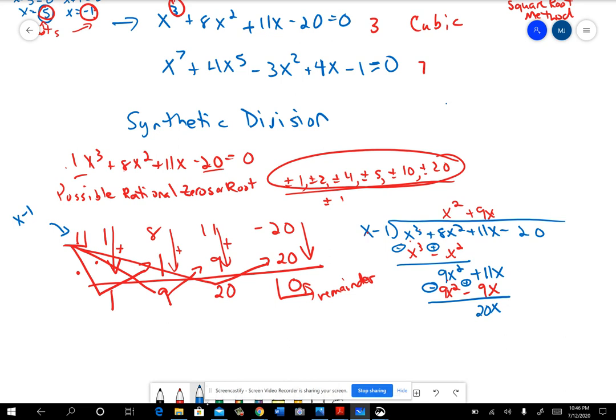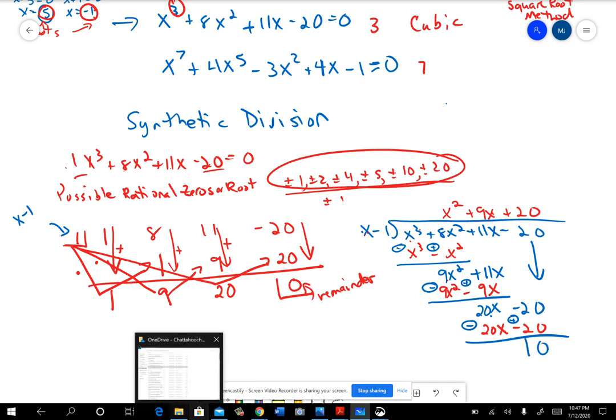When we did this in previous classes. And then you say x goes into 20x 20 times, and then you multiply back, get 20x minus 20. Then you are subtracting both of those, so you can change the signs and then add straight down, and you get a remainder here of 0. Okay.